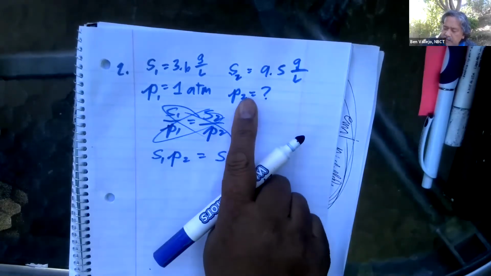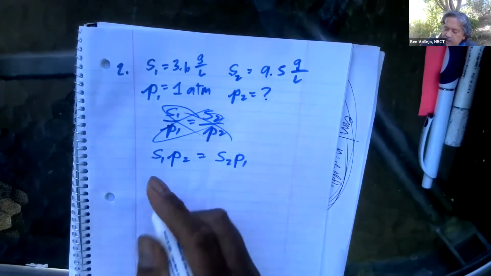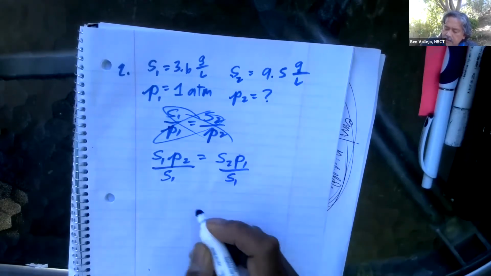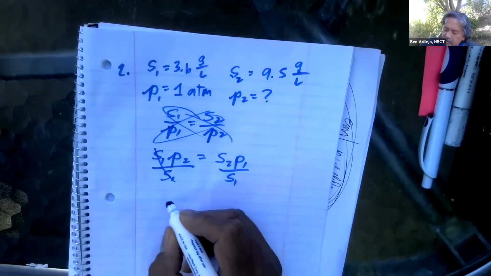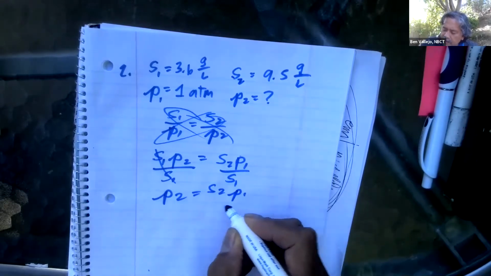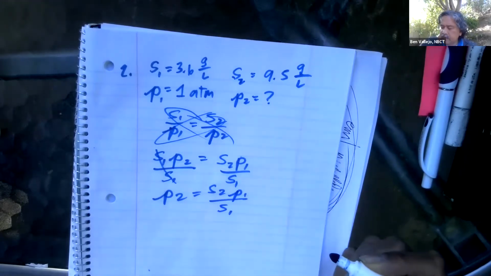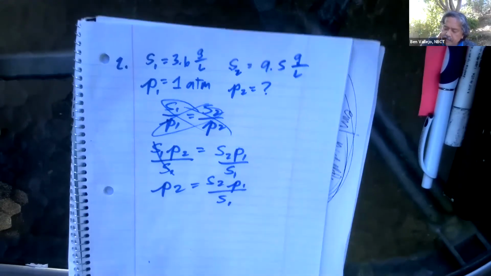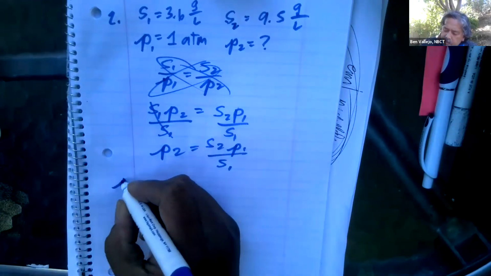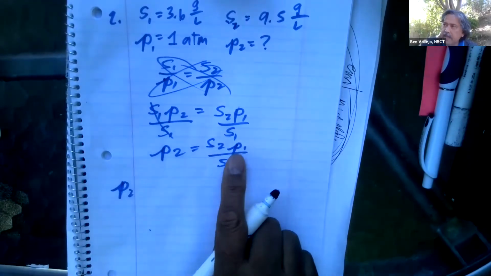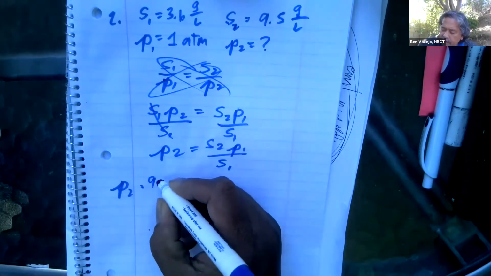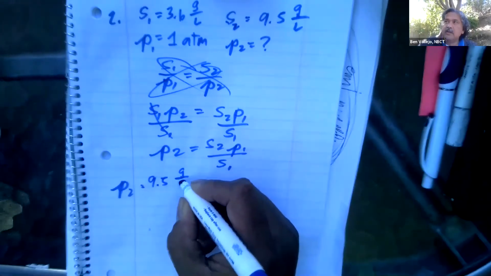But what you want is P2, so divide both sides by S1. These cancel out. You get P2 is equal to S2 P1 over S1. Yay. Okay, so then to get P2, just fill the blanks in. So S2 is 9.5 grams per liter.